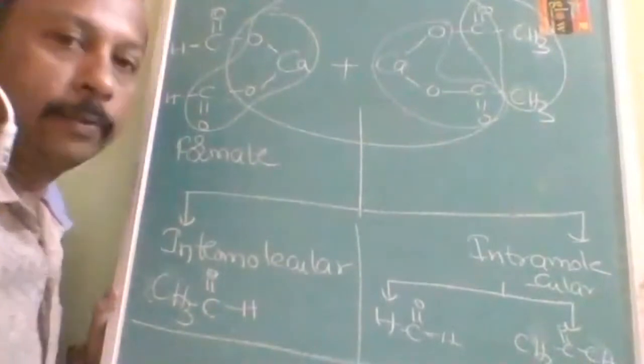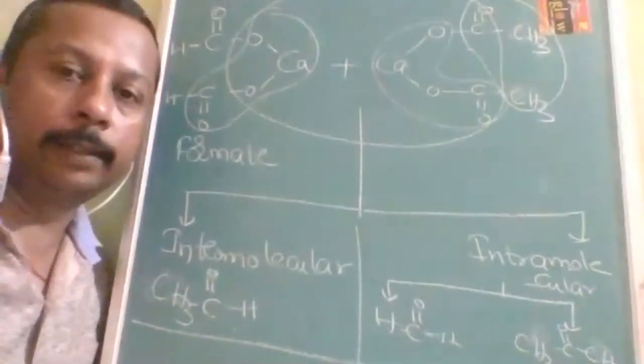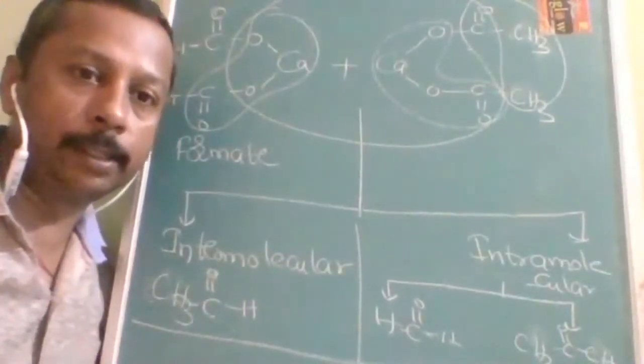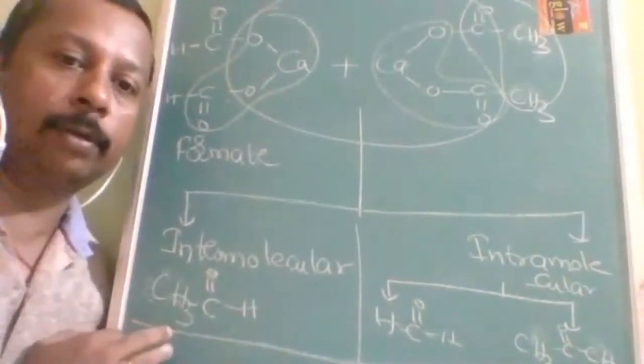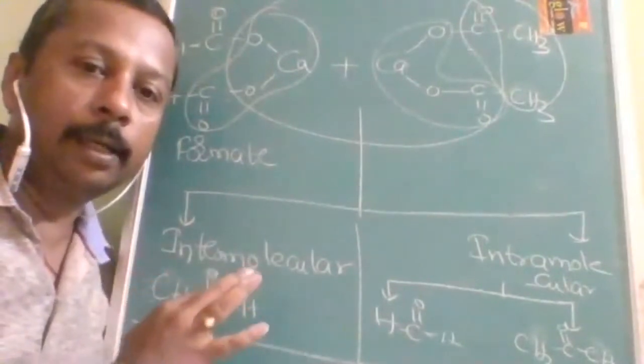Understood? So if the question is, if calcium salts of formate and calcium acetate undergo distillation, which of the following are products? How many products is it going to give you? Three products: acetaldehyde, formaldehyde, and acetone.